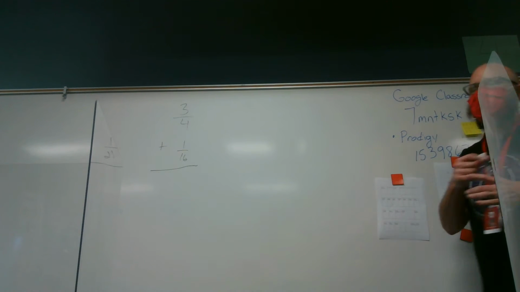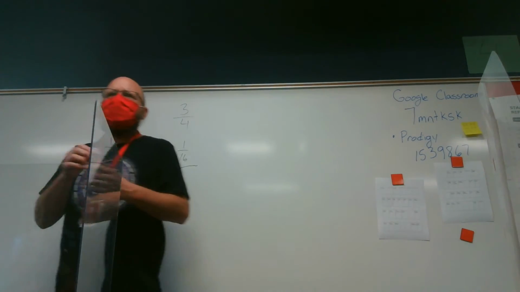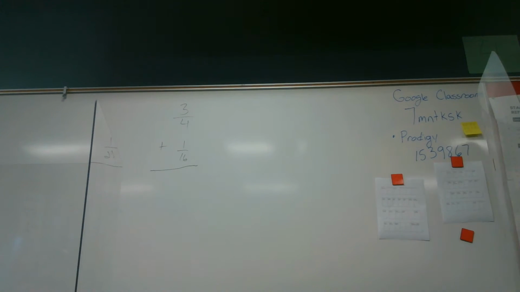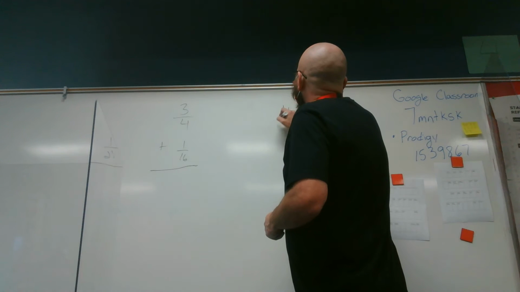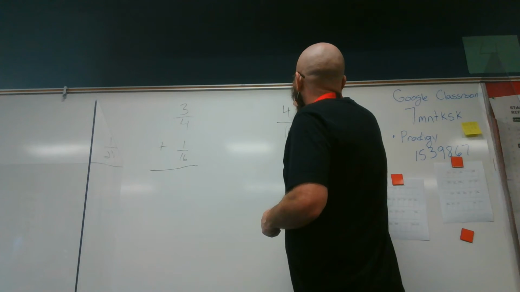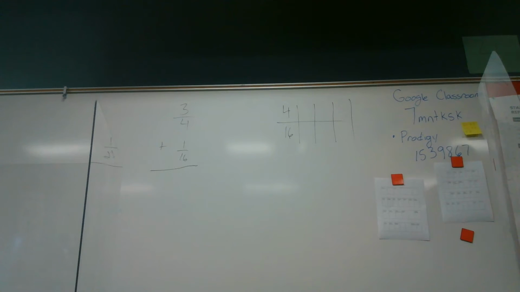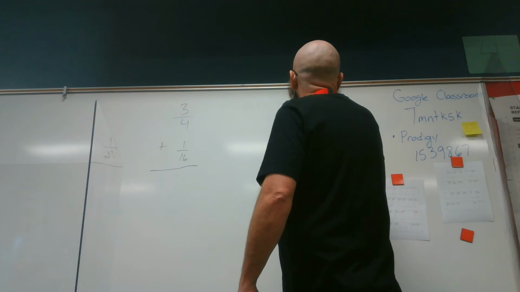In order to add fractions or subtract fractions, they must, and I mean they must, have the same denominator. So to find the same denominator, I take my two denominators and I'm going to list the multiples of the denominator. Multiples, think of a multiplication chart. So 16 times 2 is 32.